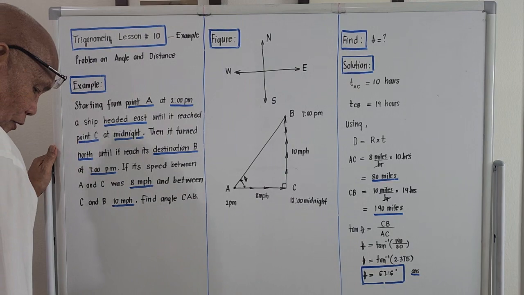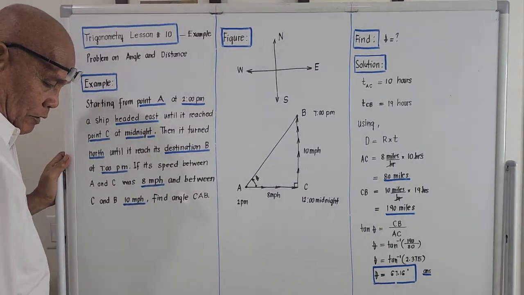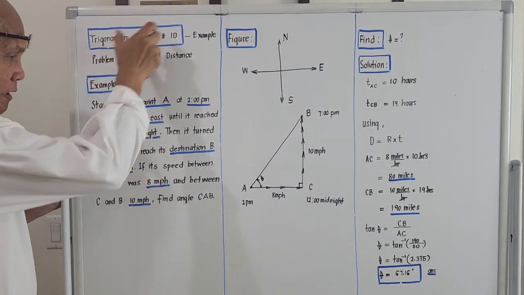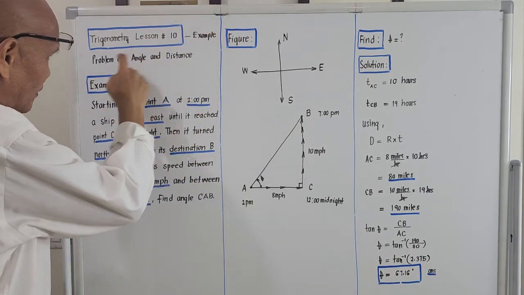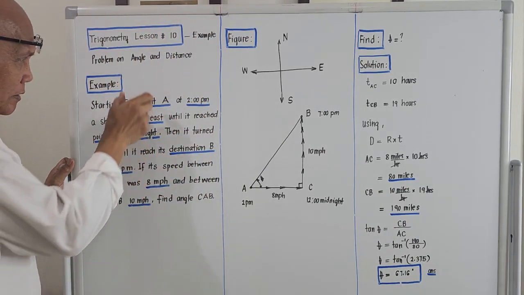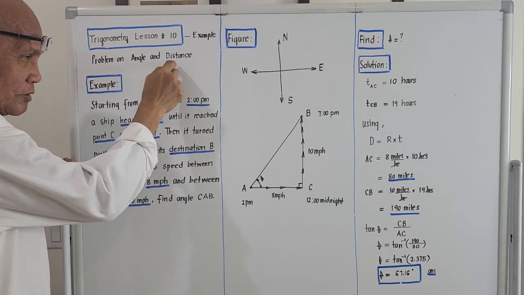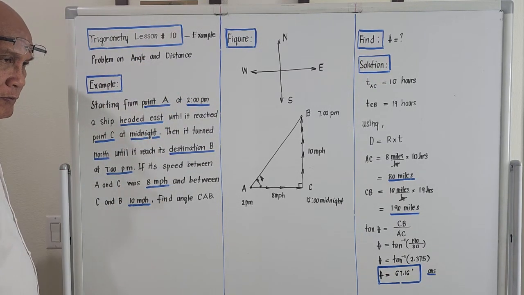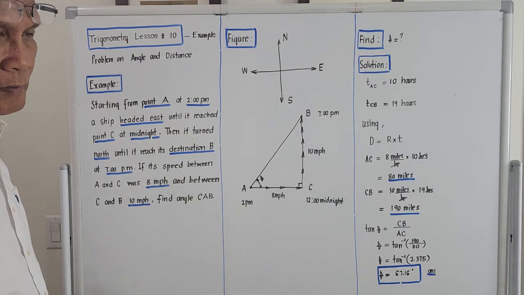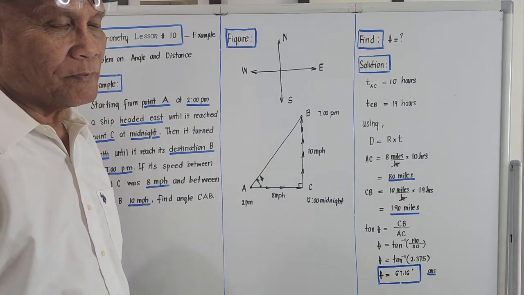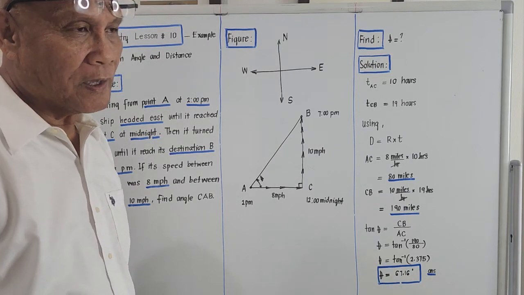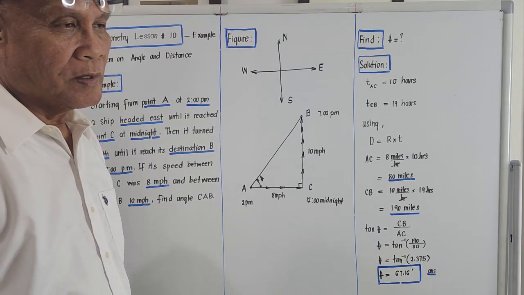The subject matter for this morning will be trigonometry lesson number 10, and the title of the topic will be example problem on angle and distance.